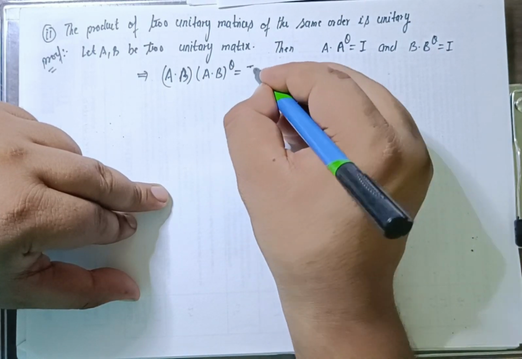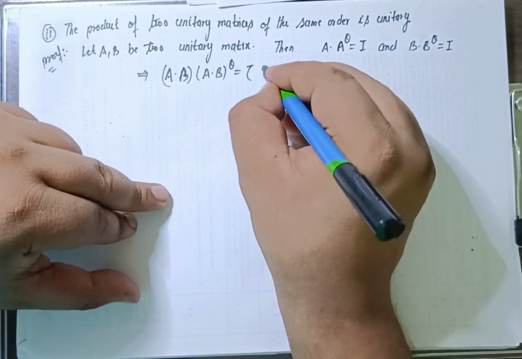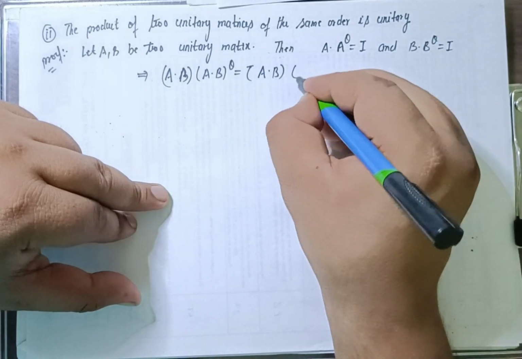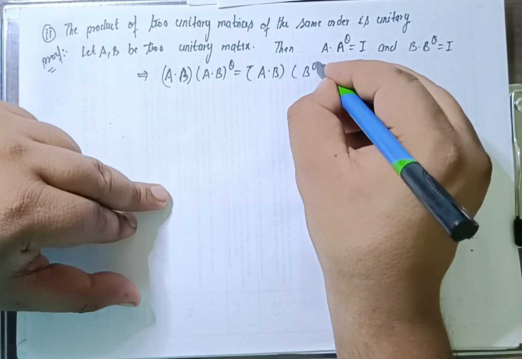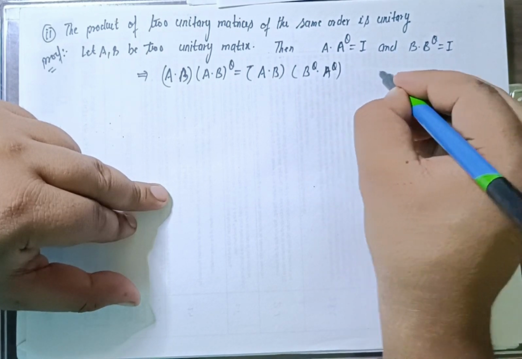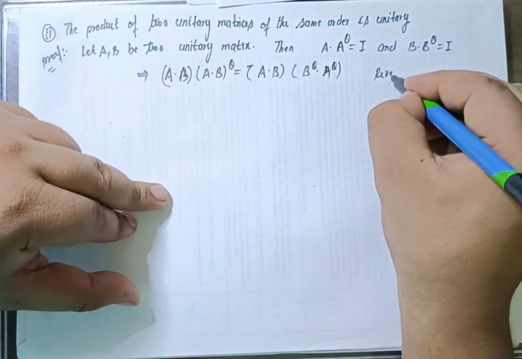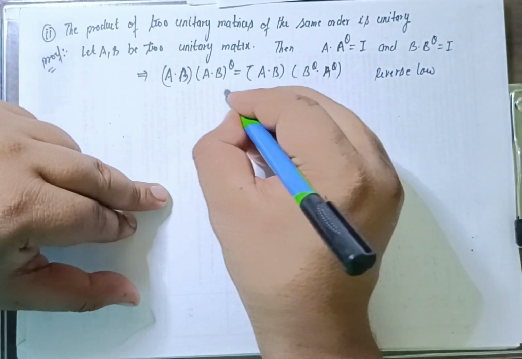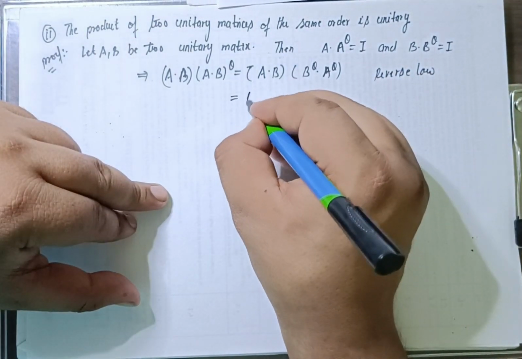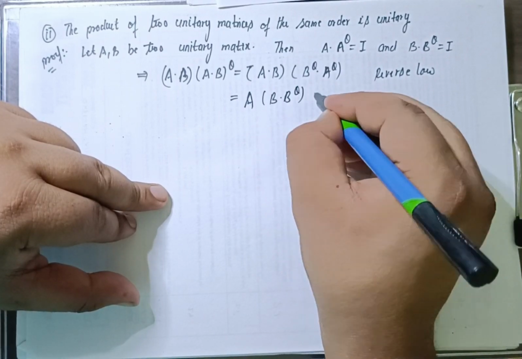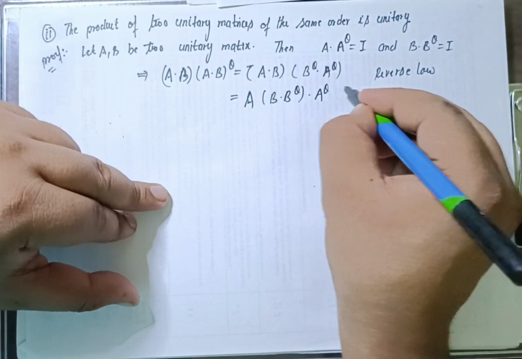To prove this, we apply simple steps. A into B, now we apply the reverse law, that is B conjugate transpose into A conjugate transpose, by the reverse law. Now here we can apply associativity: A into B into B conjugate transpose into A conjugate transpose.